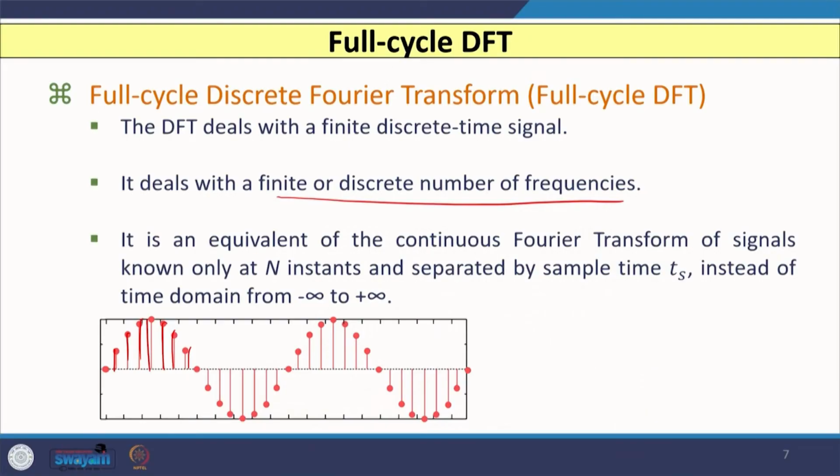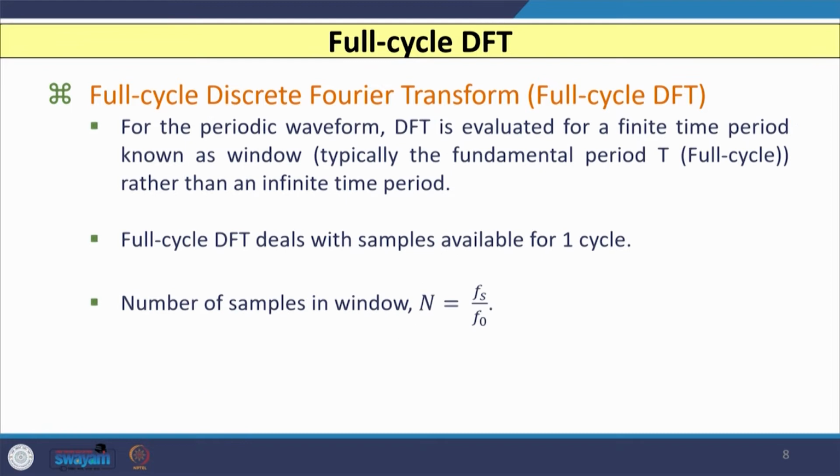If we compare discrete Fourier transform with continuous Fourier transform, then in continuous Fourier transform the limit is from minus infinity to infinity, whereas the limit of discrete Fourier transform is up to a particular window. So, if I consider any periodic waveform, then DFT is evaluated for a finite time period, and this finite time period is known as a window.